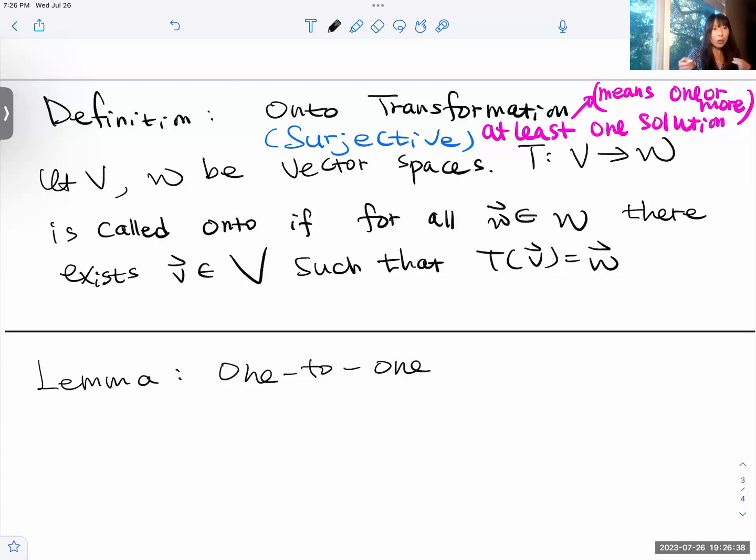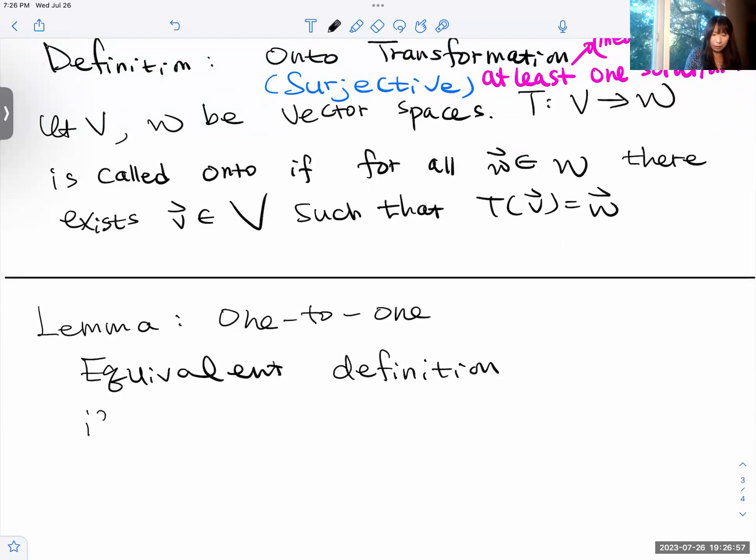Okay, so it's an equivalent definition of one-to-one. We have the transformation T of V, they indicate, equal to the 0 vector, then V is 0, right? So this one we've seen before, right?